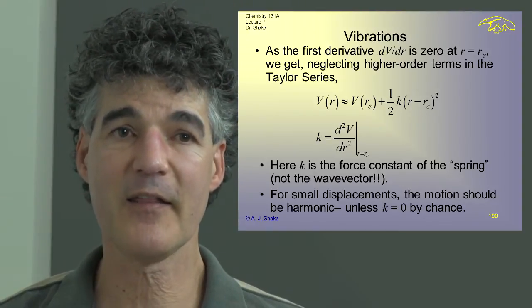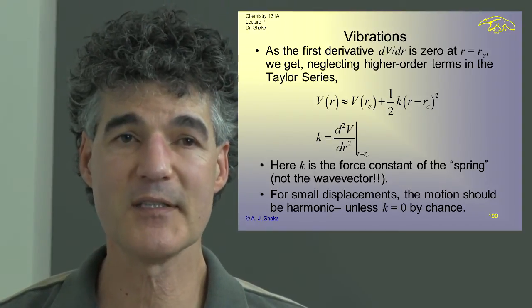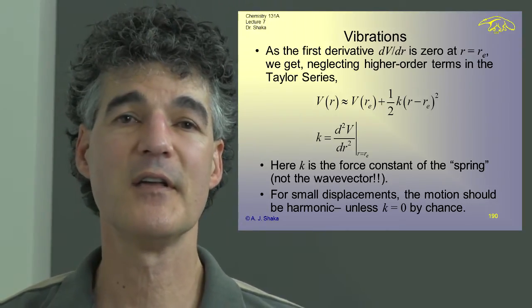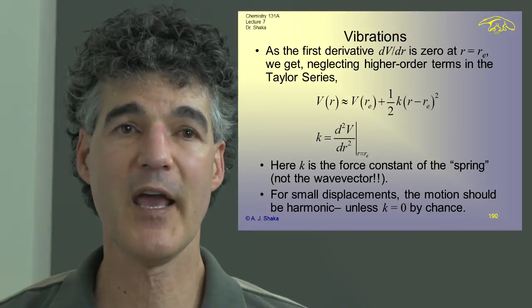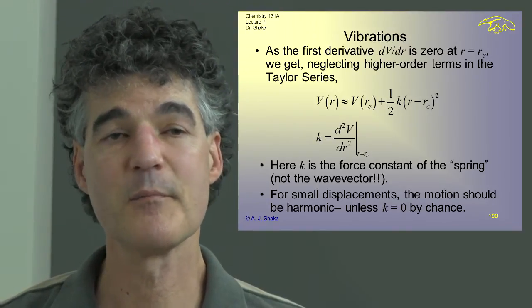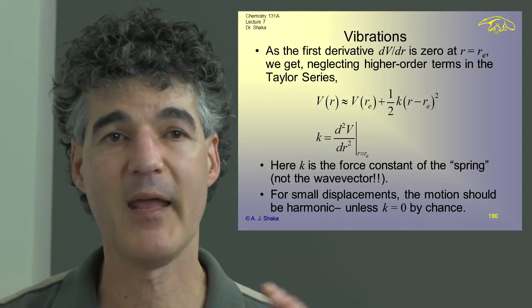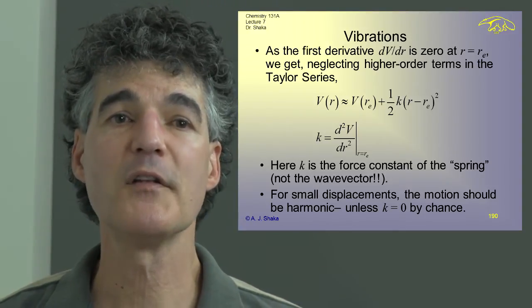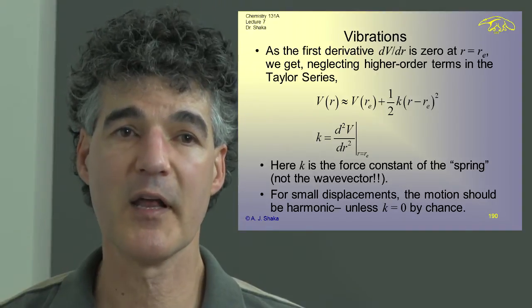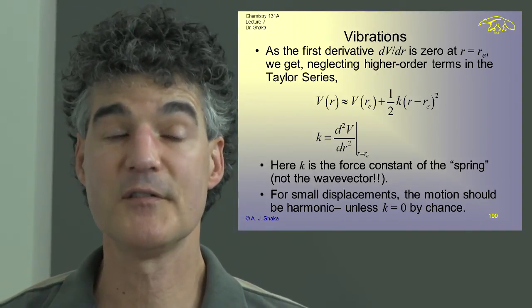This is a different k, and there's another k, Boltzmann's constant, which you may write as k sub B to keep that one separate, but we'll use k when we talk about vibrations to mean the force constant of a spring. And for small displacements, then we have that the motion should be harmonic unless k is 0.